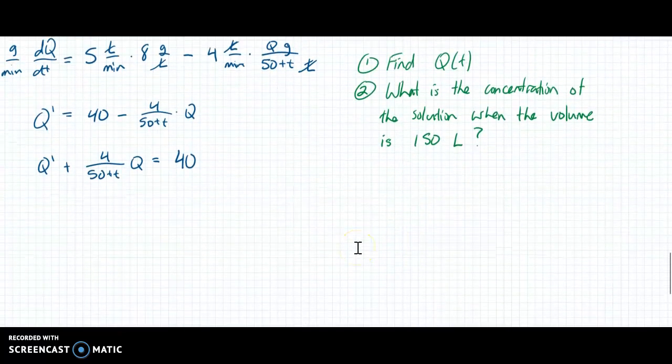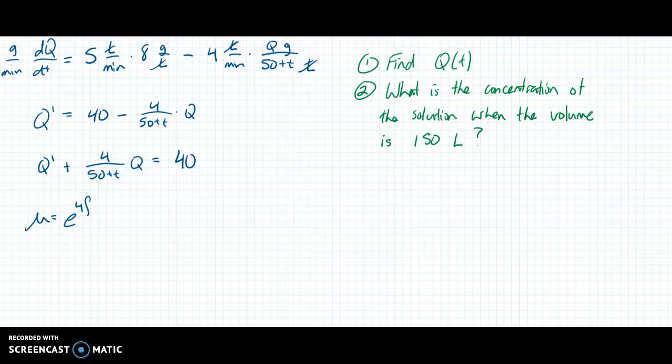First thing I want to do is solve this differential equation. It's normalized, so let's calculate our mu. Mu is e to the integral. I'm going to write my 4 out front.